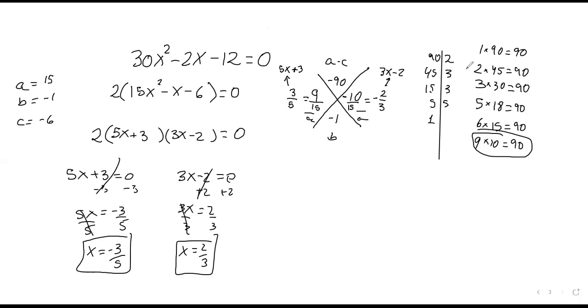In some cases, when you look for all the possibilities, there is no possibility that will give you the number here. In that case, that means that it cannot be solved this way. It has to be done with the quadratic formula. Okay, thank you.